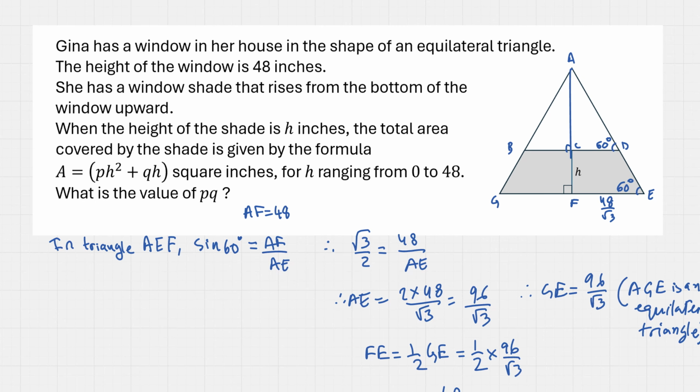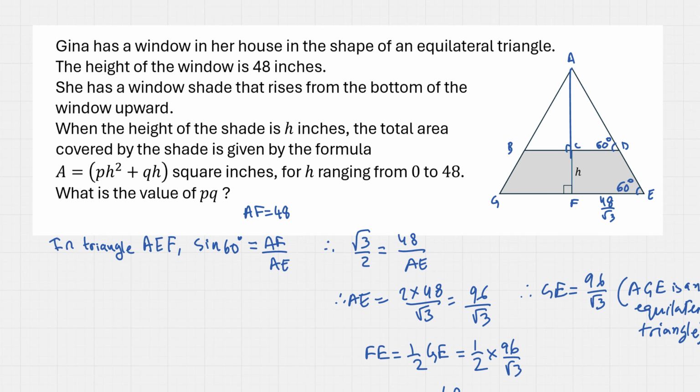The shaded part is a trapezium, an isosceles trapezium. So we need to find the area of the trapezium, and for that we need the length of the two parallel sides, GE and BD. However, that doesn't matter that much here.